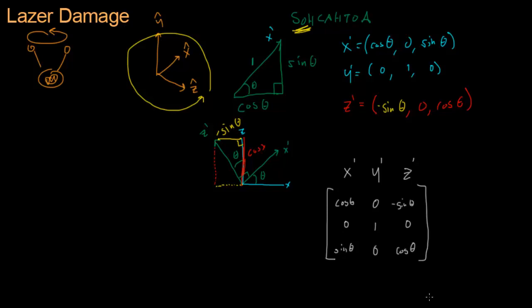Now we have a matrix that, depending on what the value of theta is, can rotate our vectors. If theta is 90 degrees, then this matrix will rotate our vectors by 90 degrees. If theta is 180 degrees, it will rotate them by 180 degrees, and so on.